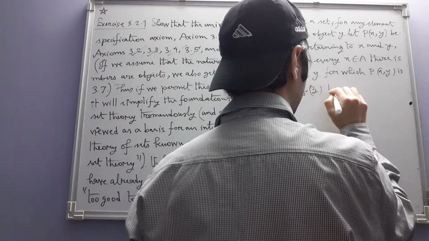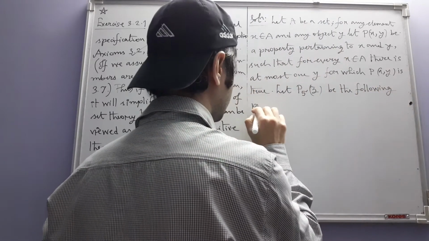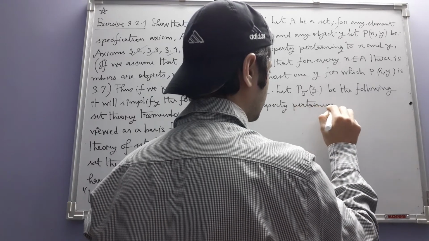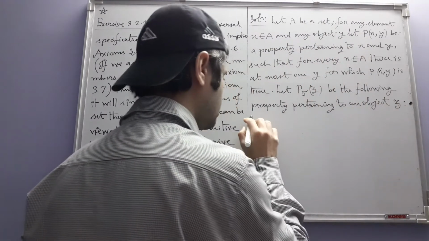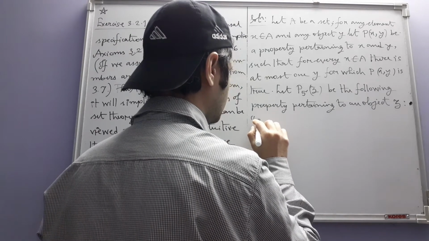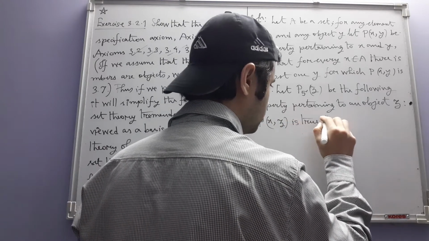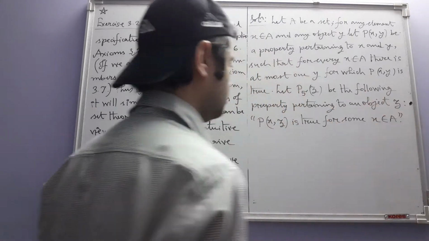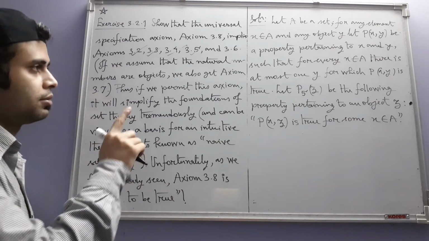Let P5z be the following property pertaining to an object z: P of x, z is true for some x belonging to A. This is my property P. Have I already used P5 before?